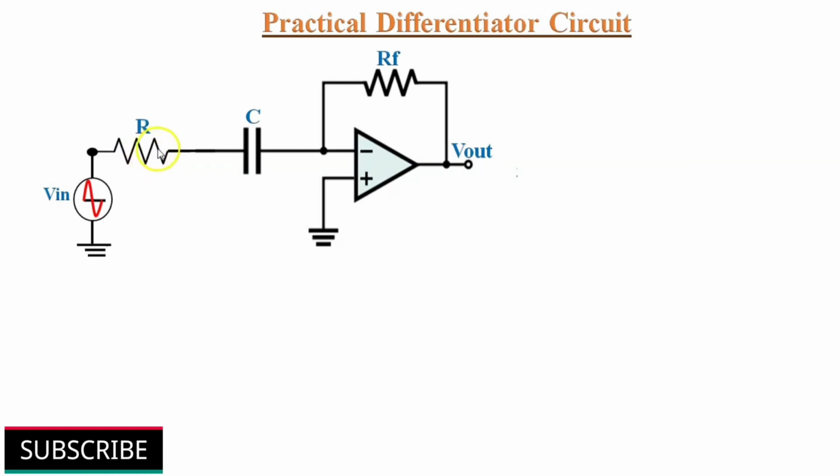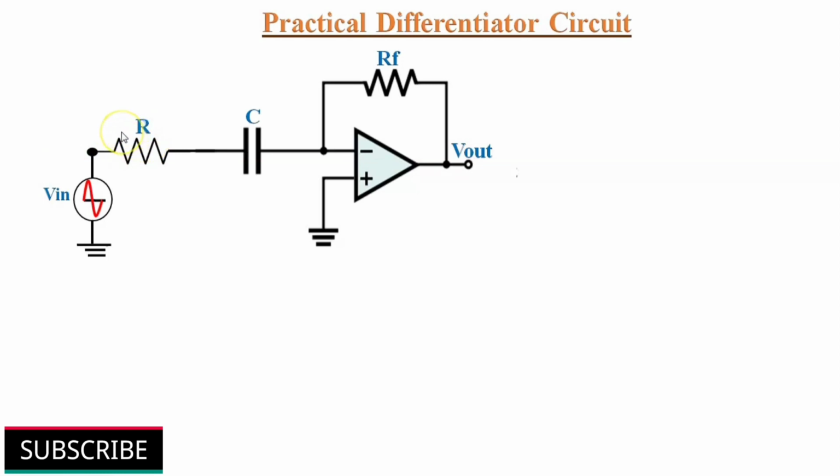In order to overcome the limitations of the simple differentiator circuit, an extra input resistor R is added in series with the capacitor, so that we can avoid the high frequency sensitivity and low input impedance limitations. Now the input impedance of this practical differentiator not only depends on the reactance of the input capacitor, but also on the input resistor value.